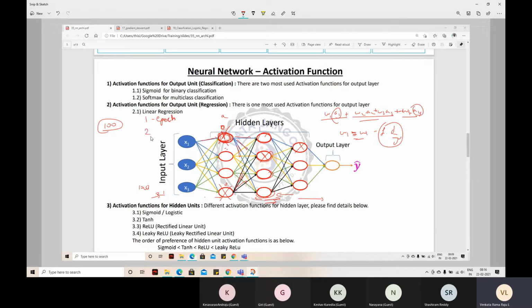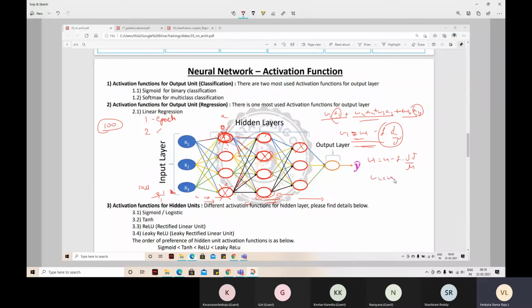The second epoch, again you take the first record, forward pass, backward. Second record, forward, backward. This first record, second record order is going to be random. So you are doing a number of iterations. That means every time you are adjusting: W1 is equal to W1 minus alpha into derivative of cost function with respect to W1.